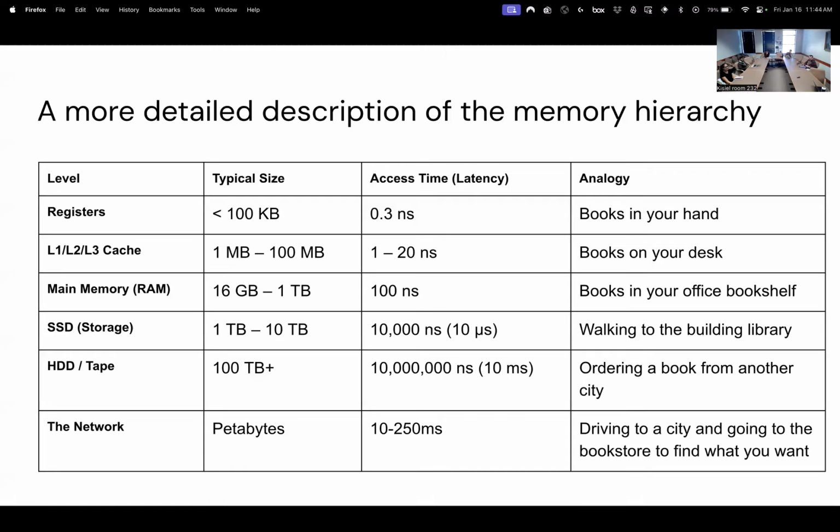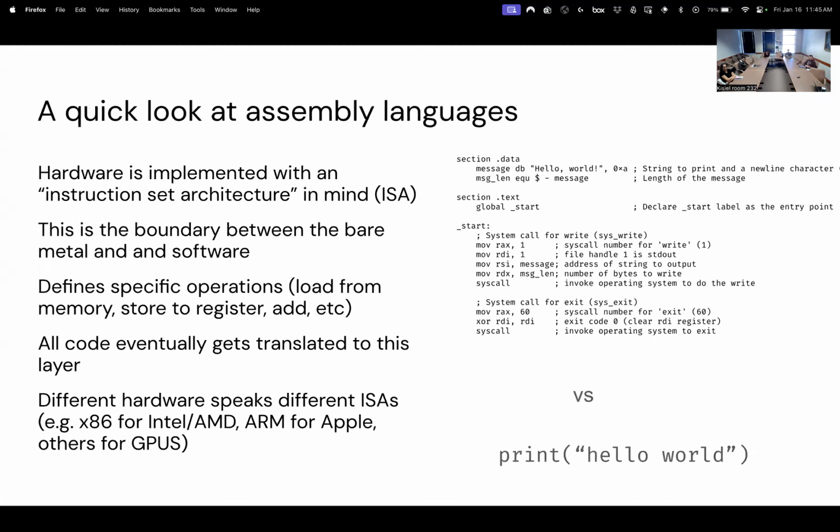You can think about it like having knowledge that you're just looking at, versus going out to your desk, or getting up and walking somewhere, or ordering something. And this one is like, oh, I've got to plan a trip now. So I think it's worth seeing the orders of magnitude because it really does in some ways affect what we do.